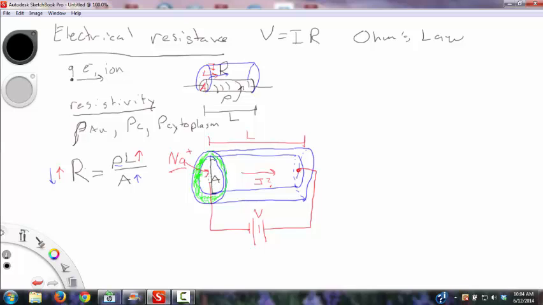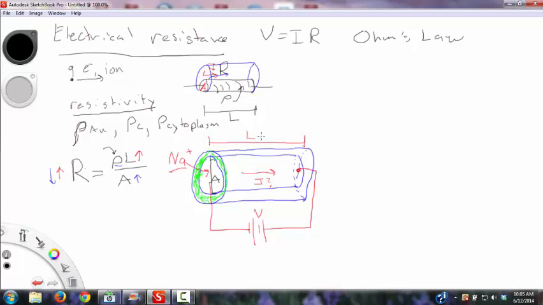Okay, so you've got an area, you've got a length. Let's say you could go and look up in a book somewhere, or some scientific paper, what rho is for the cytoplasm of an axon. So you go and look that up. What you can do is take your value for A and your value for L, call them A sub AX and L sub AX for axon, and plug them in over here.